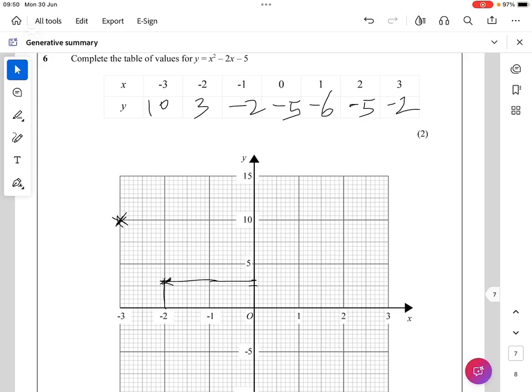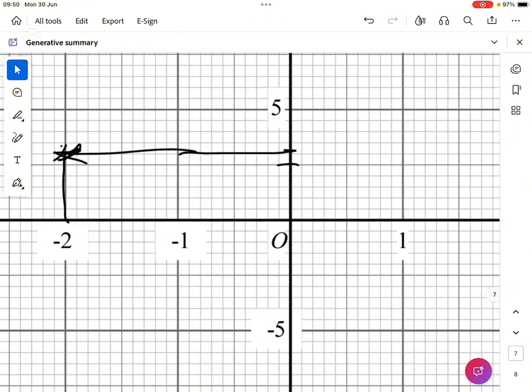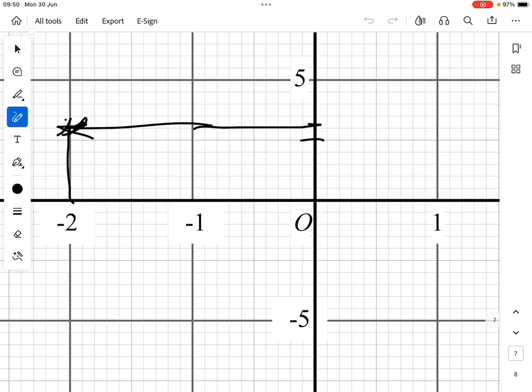So now when x is minus 1, y is minus 2. So this is minus 1 for x and y is minus 2. So minus 2 is right here, because every 2 boxes is 1.